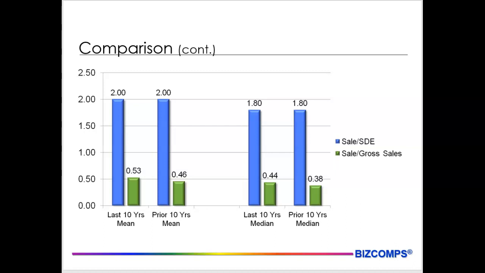The percentage of sales for sales price to revenues is shown below in green, and you can see how it increased from 0.44 to 0.53 for the mean, and 0.38 to 0.46 for the median. You see the drop here per year, the 0.53 to 0.46 and 0.44 to 0.38 when you compare it to the previous decade.